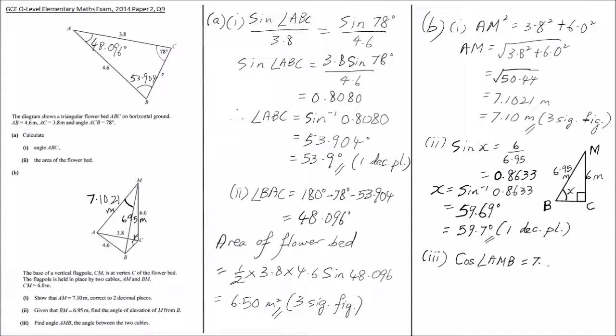That is 7.1021 square plus 6.95 square, minus the side opposite square, divided by 2 times these two sides, 7.1021 multiplied by 6.95.